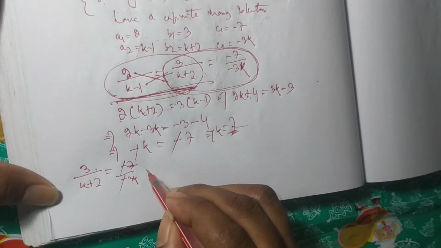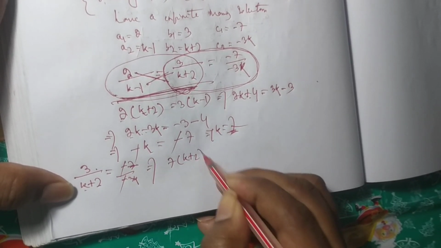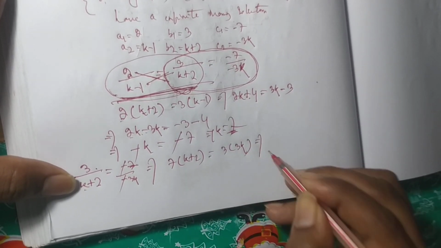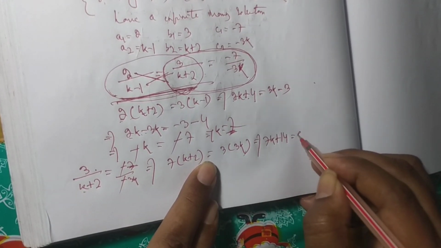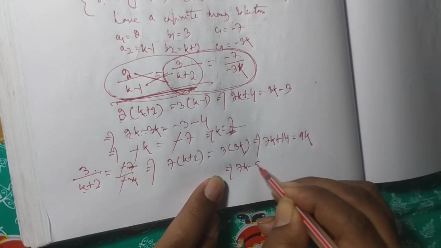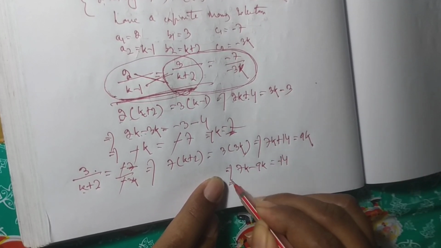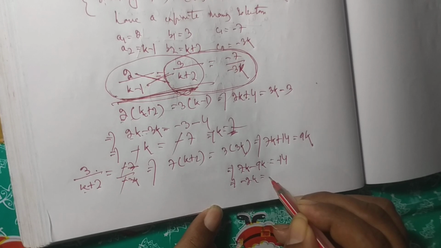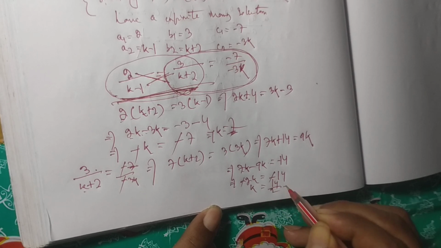The minus signs cancel, then 7 into k plus 2 equal to 3 into 3k, that is 7k plus 14 is equal to 9k. 7k minus 9k, and 14 goes to the right side as minus 14, so minus 2k equal to minus 14, the minus signs cancel, k is equal to 14 by 2 is equal to 7.